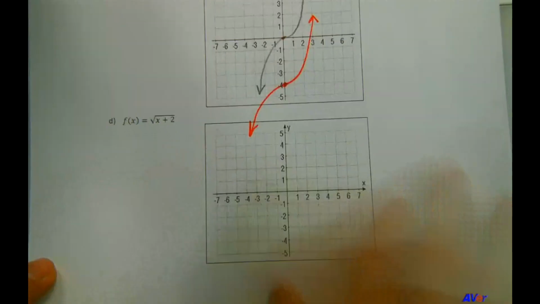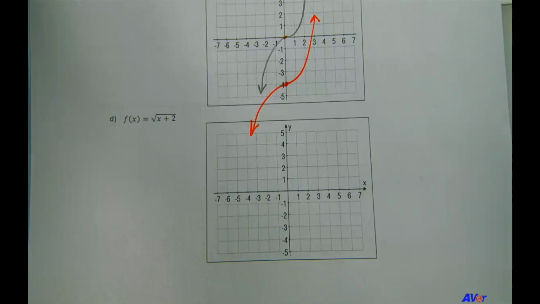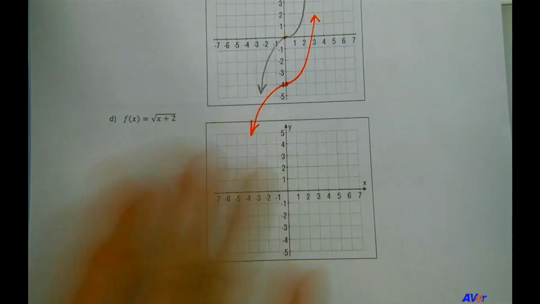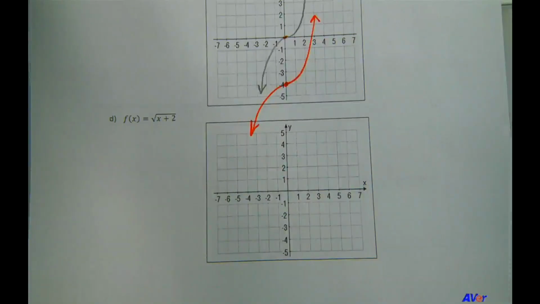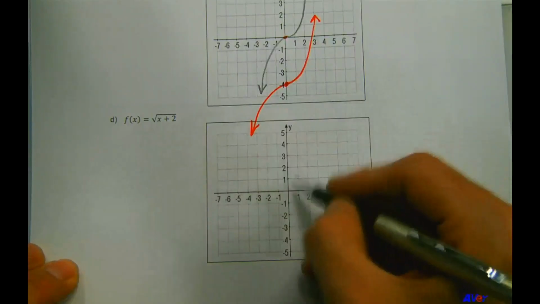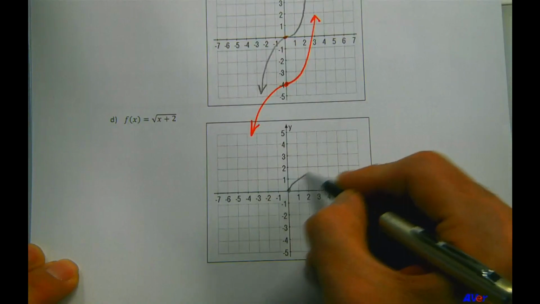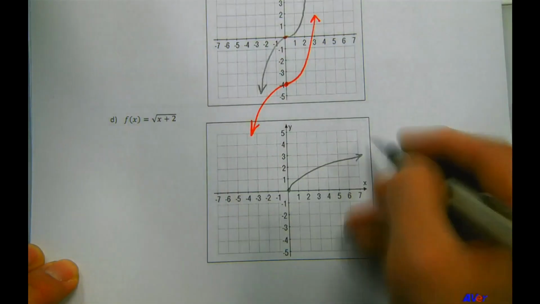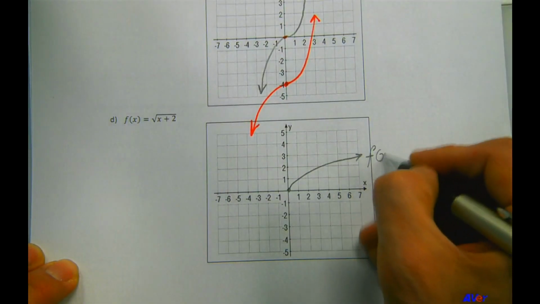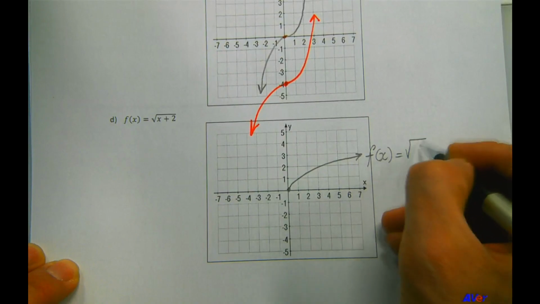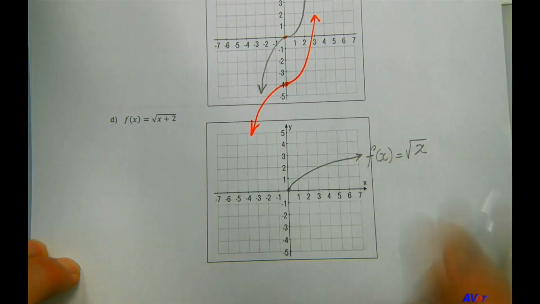This is a square root function. So remember from the first page or the second page that the original square root function with no transformation is going to look like this. Let's call that f of x equals square root of x.